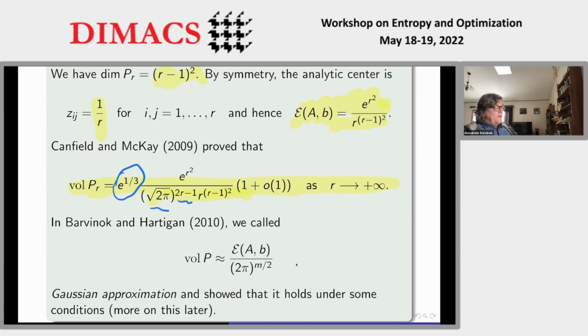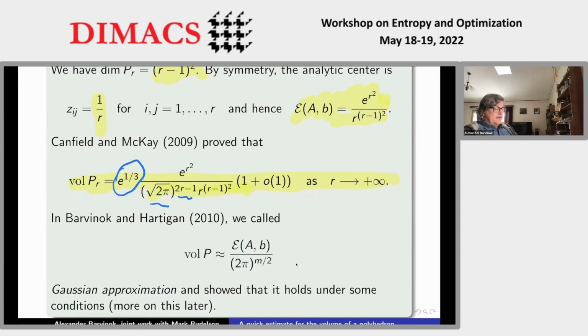In a paper with John Hartigan in 2010, we called this quantity, where we just divide by 2 pi to the m over 2, which worked in the case of a simplex and seems to work here up to that cubic root of E, the Gaussian approximation.